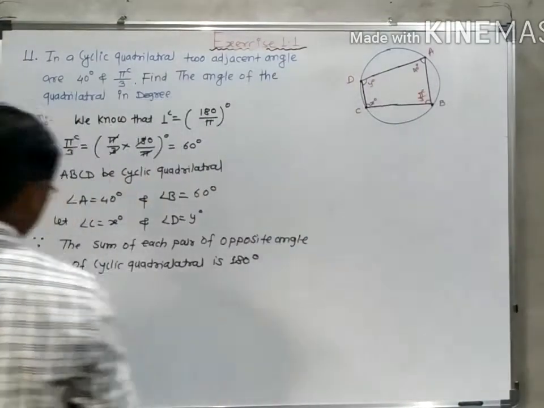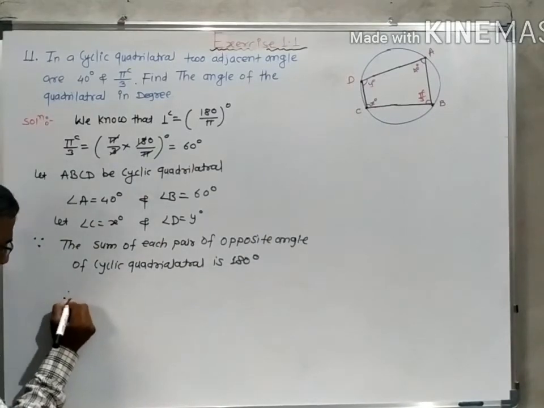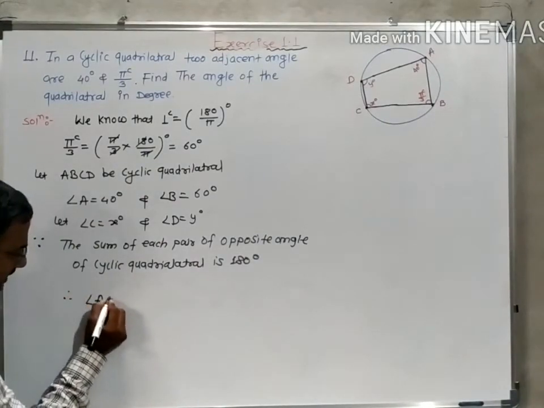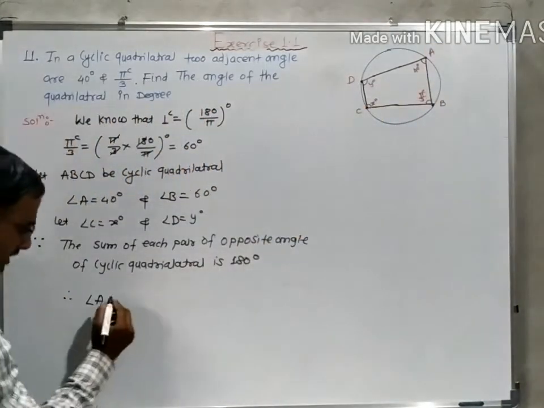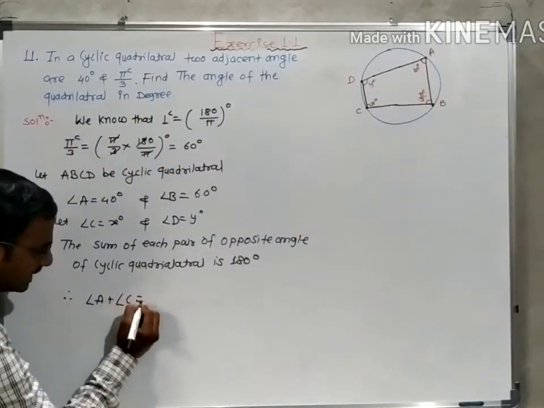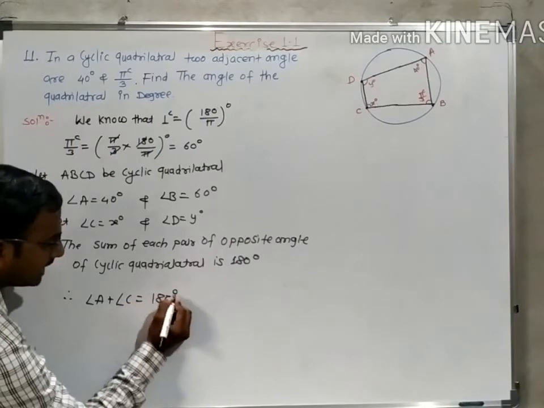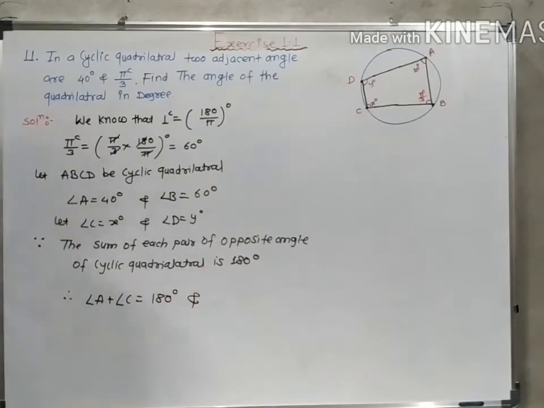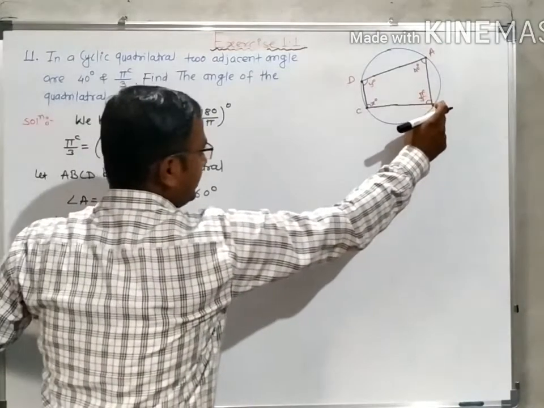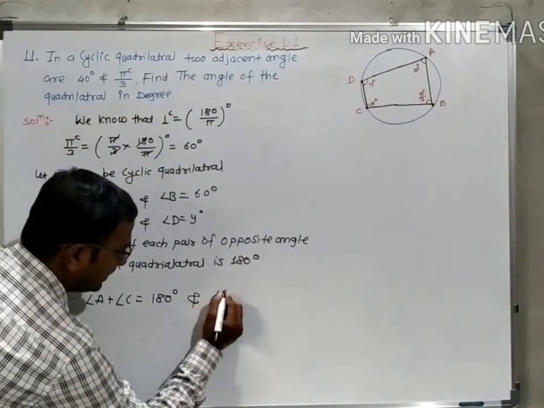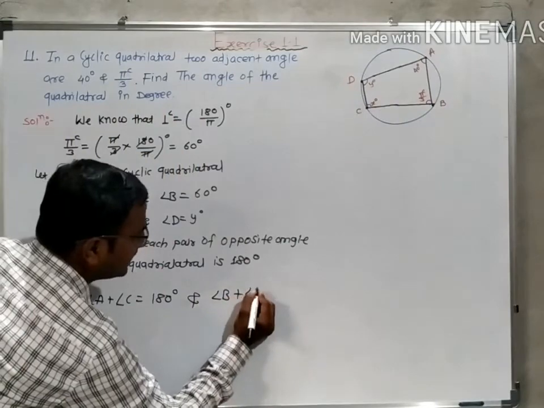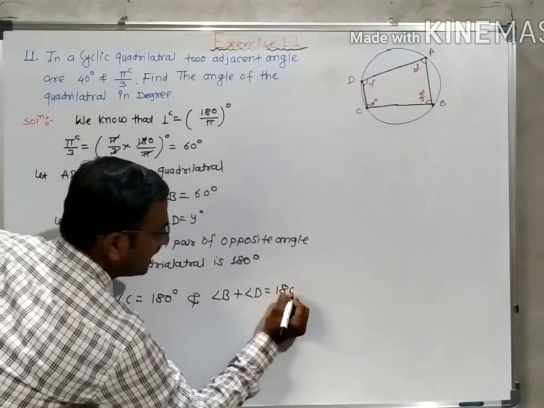So therefore, angle A is opposite to angle C, so angle A plus angle C is equal to 180 degree. And next, angle B is opposite to angle D, so angle B plus angle D is equal to 180 degree.